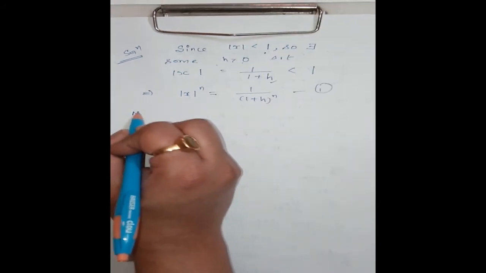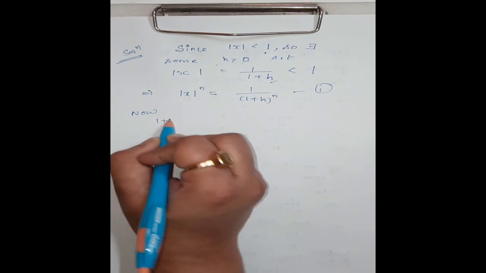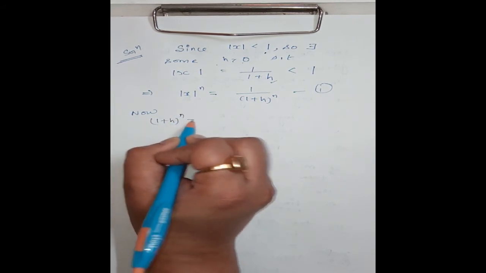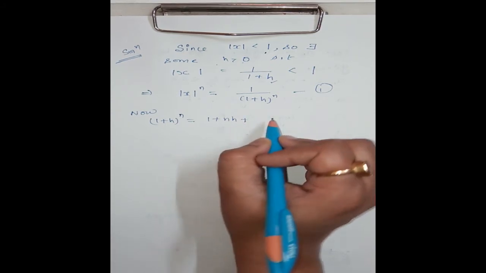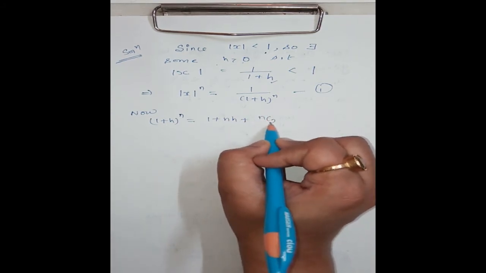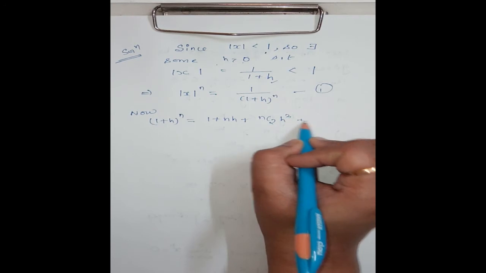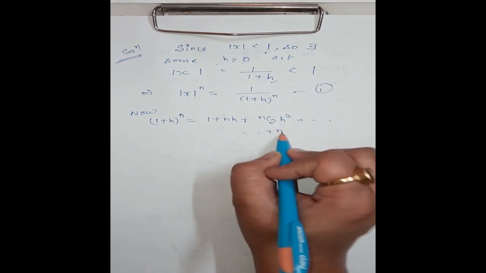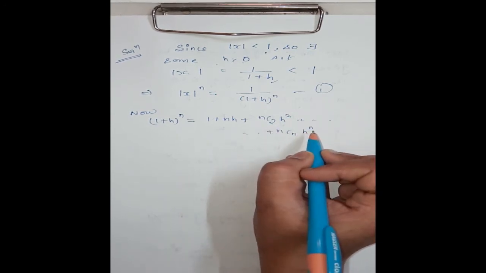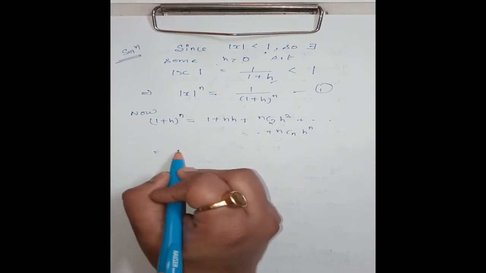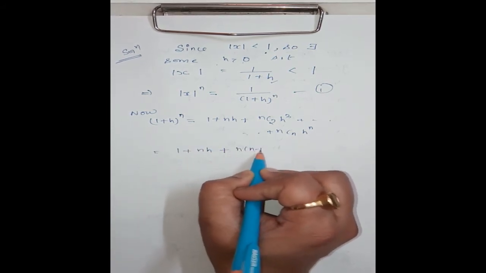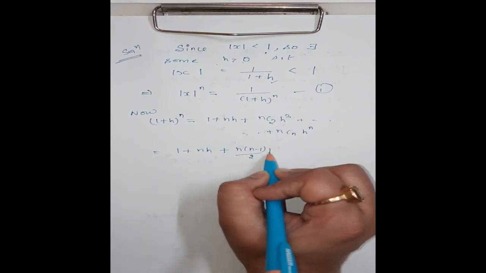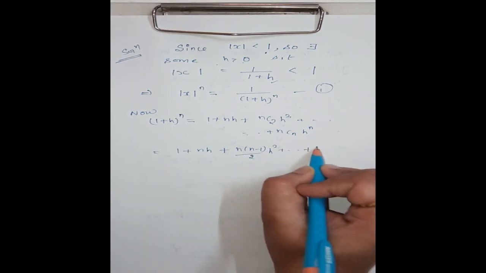Now, using the binomial theorem, (1 plus h) power n is equal to 1 plus nC1 h plus nC2 h square up to nCn h power n, and this is equal to 1 plus nh plus n(n minus 1) divided by 2 h square up to h power n.